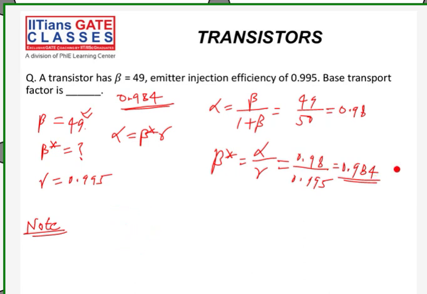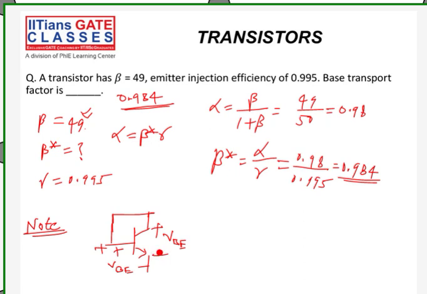So what is happening here? This is minus VB, plus. Okay, this is the circuit, plus minus and plus minus.